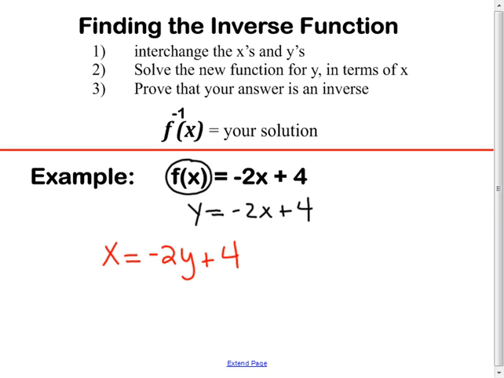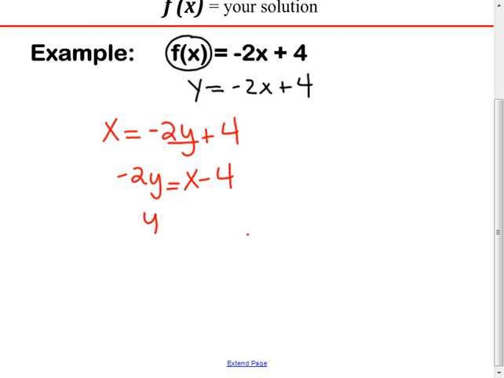So if I solve this equation for y right here, of course I will subtract 4. So I will have negative 2y equals x minus 4. And then I divide by negative 2. So y will be x minus 4 over negative 2, that whole thing. Now instead of calling that y, this is your new y now, you are going to call this the inverse of x.